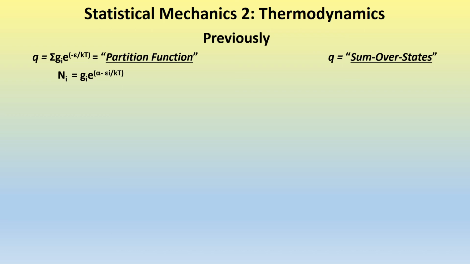Therefore, if one divides, the alpha simply cancels, and n sub i over n is equal to the population of a single state, g sub i e to the minus epsilon sub i over kT, over the sum of all states, g sub i e to the minus epsilon i over kT. This is equal to something called the Boltzmann distribution, which is essential to statistical mechanics.